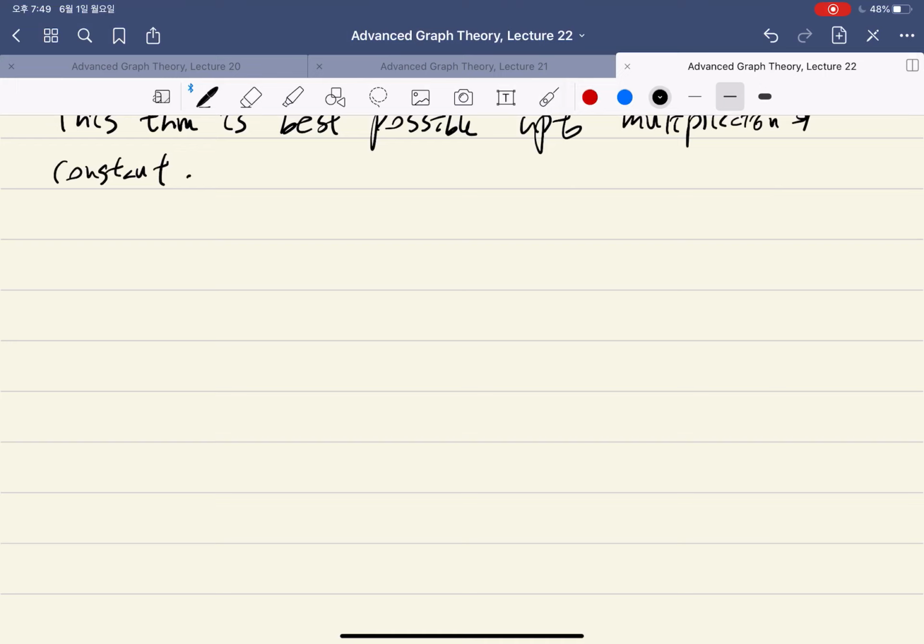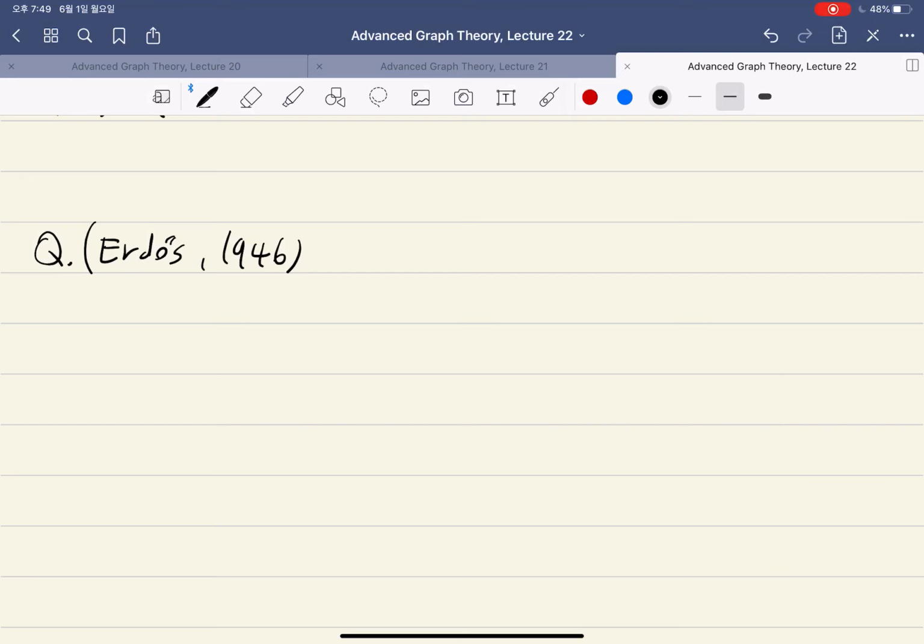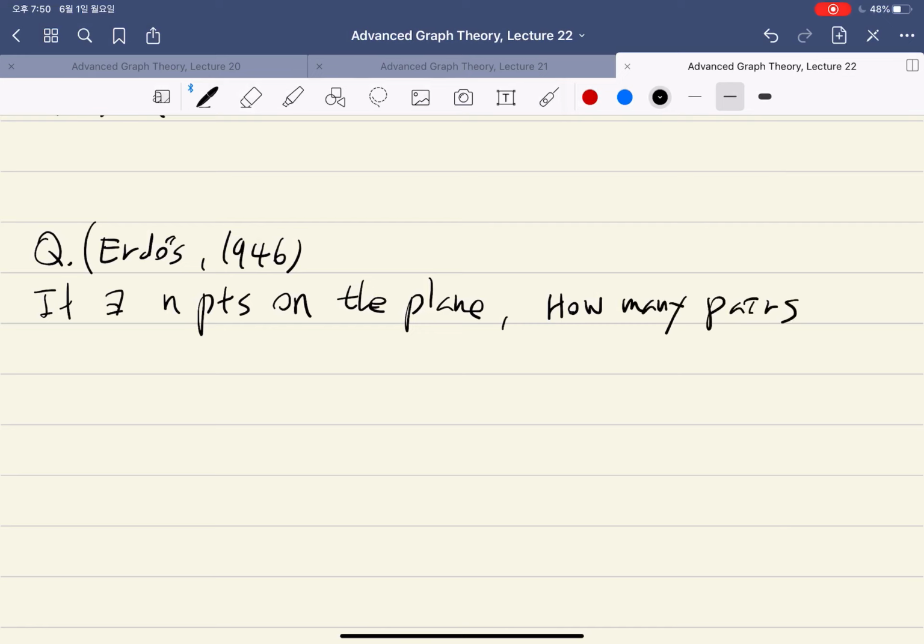And it has some applications in other areas, applications in combinatorial geometry. So one of the questions that Erdős asked in 1946 is: if there are n points on a plane, how many pairs of them have distance exactly 1?